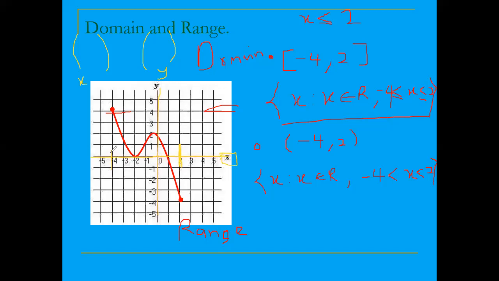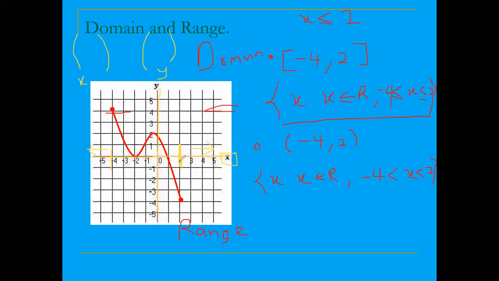Within the interval -4 to 2, we can locate this graph. Outside -4, when you go here, you will not find a graph. The same way when you go beyond +2, you will not locate this graph. So we say that the function exists over this given domain or this range of values, -4 to 2.